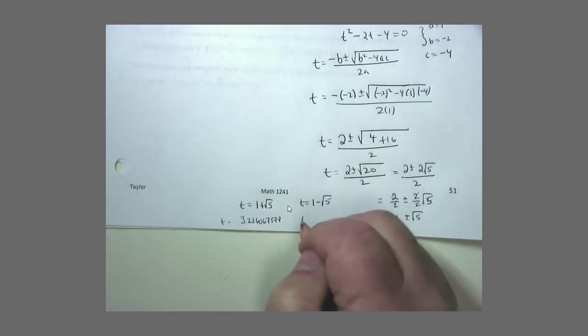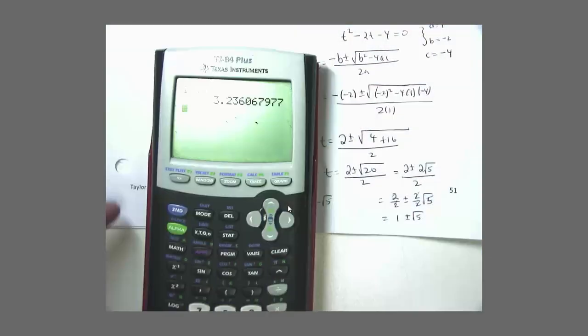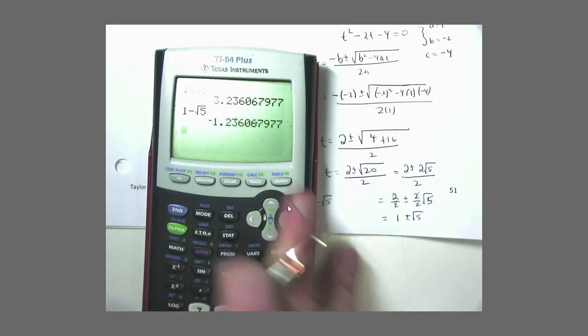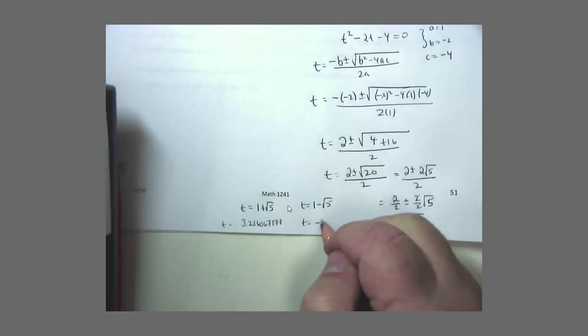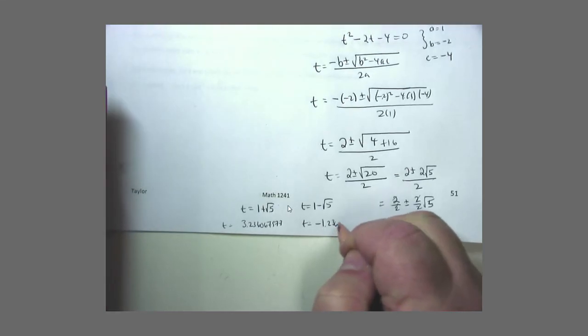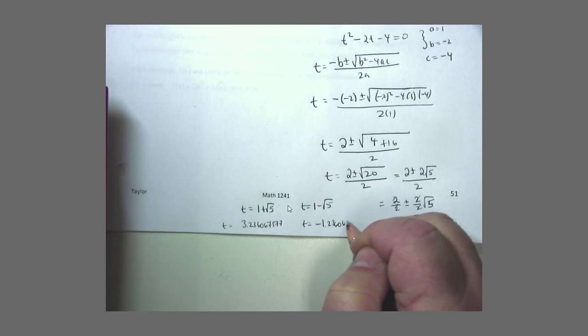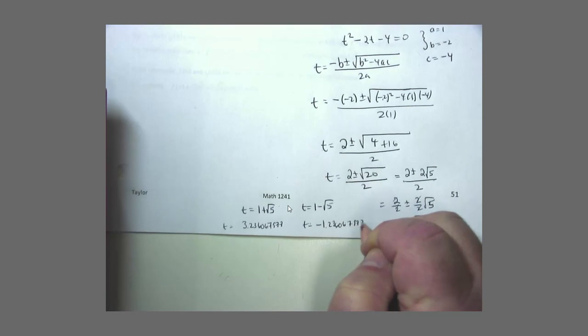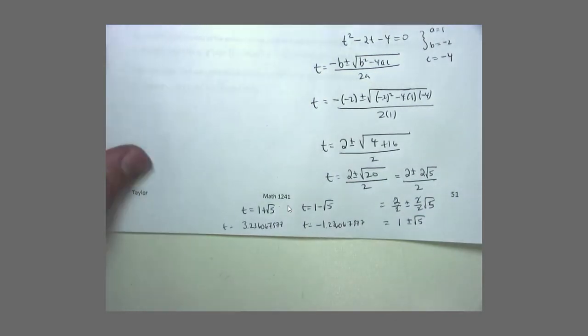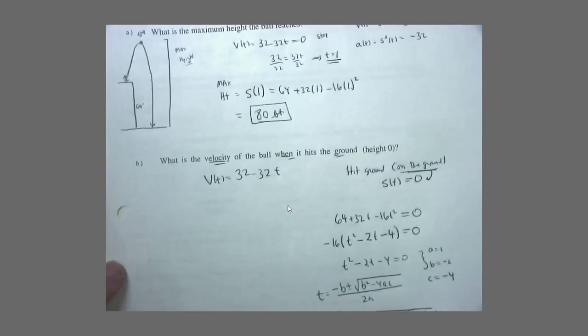And I got t equals 1 minus the square root of 5, which is negative 1.236067977. However, in this problem, you got to make it relative.